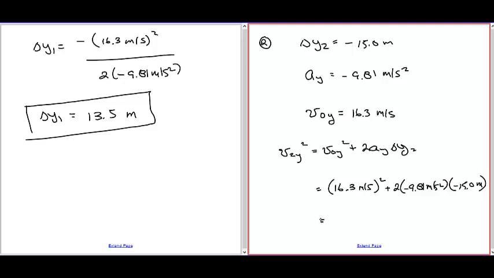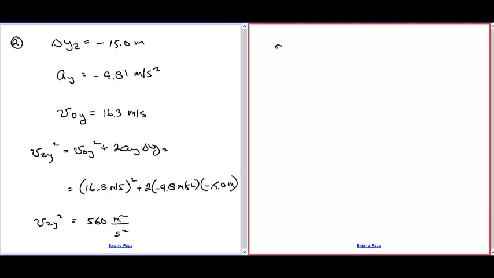So 16.3 squared plus 2 times, so you see I've got two negatives, so I'm just going to multiply the positive numbers together. So I get v2y squared is equal to 560 meters squared per second squared.